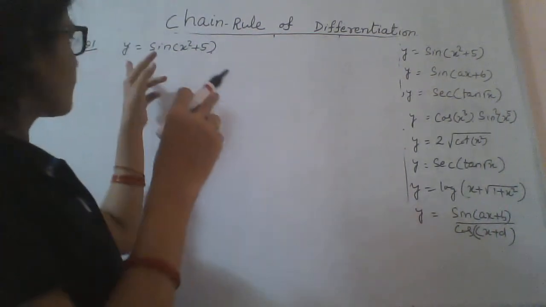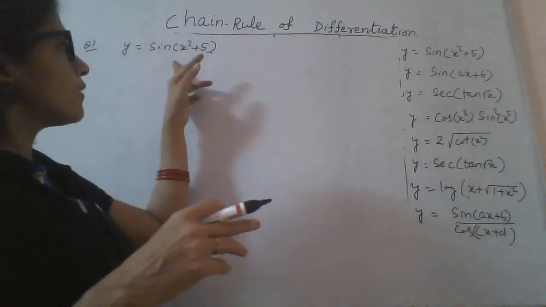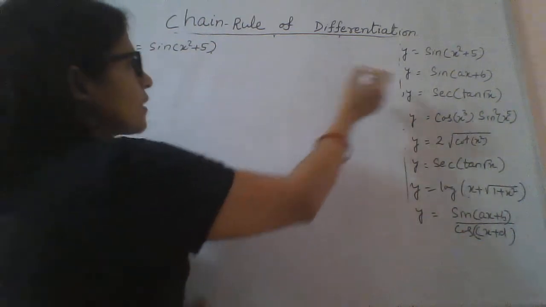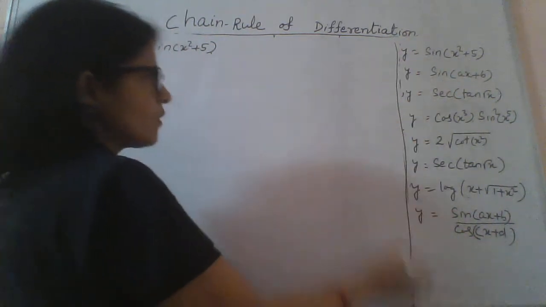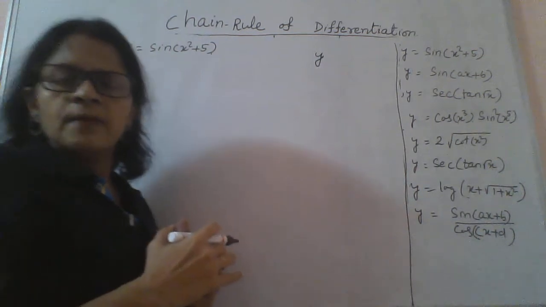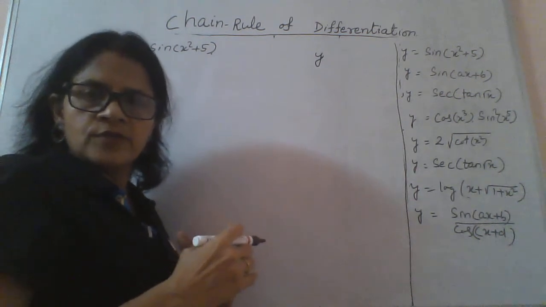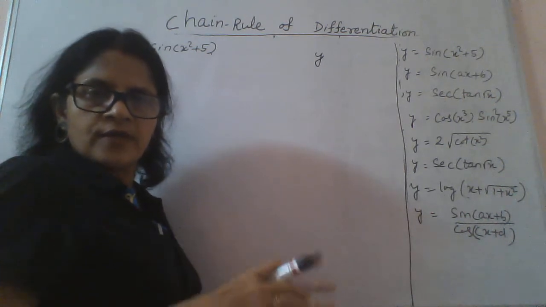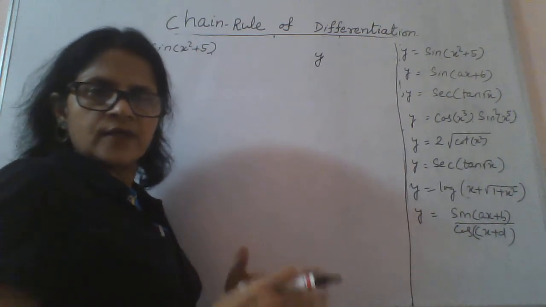So the first question is y equal to sine of x square plus 5. As I told you just now, the main objective is to identify the function's direct link.